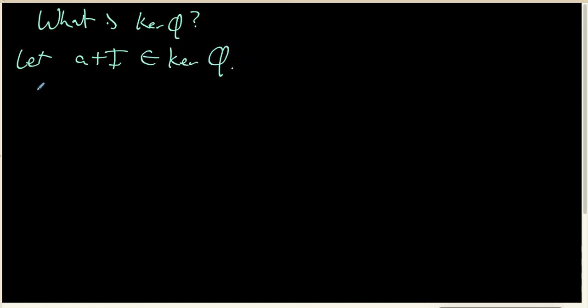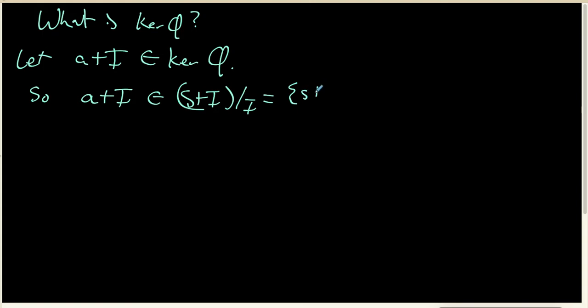Now, what does that tell me? First of all, it tells me that a plus I is part of my domain, which is S plus I mod I, and that is the set of left cosets that have representatives inside the subring S. And so all of that tells me that a is indeed inside the subring S.